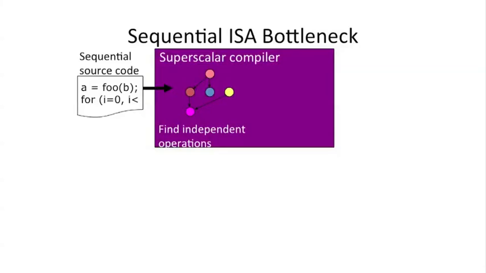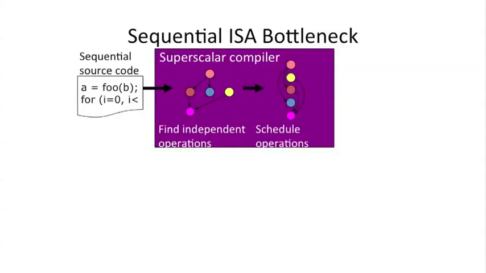We put it into our fancy superscalar compiler, which generates some sort of data flow graph, and probably also a control flow graph inside the compiler. So there are dependencies between the different instructions, and the compiler is trying to find independent operations because it's going to try to come up with a schedule.